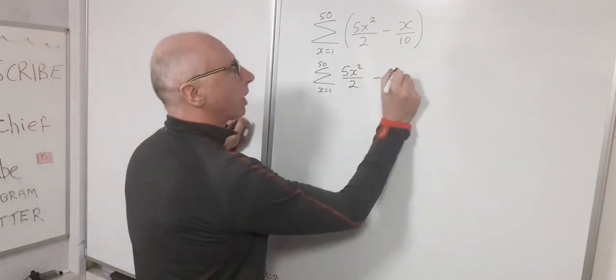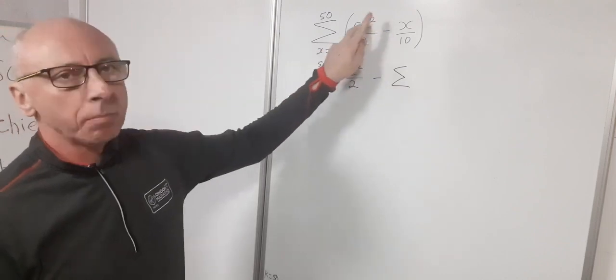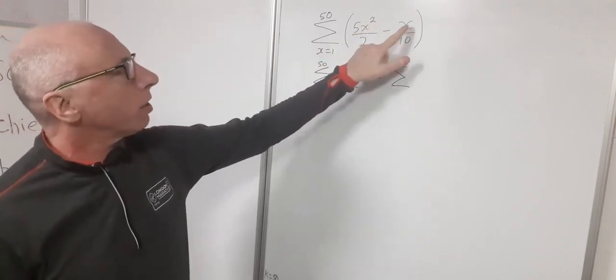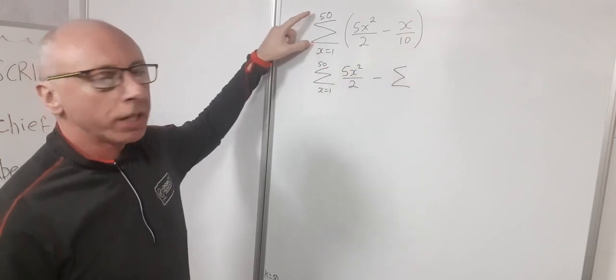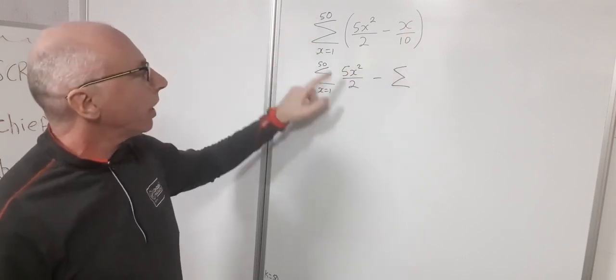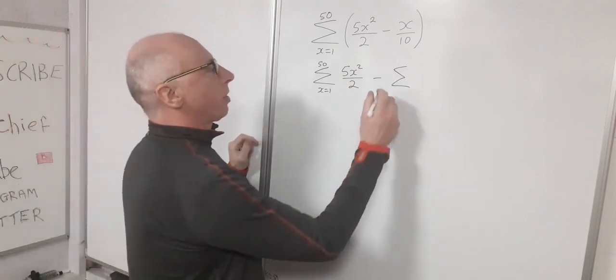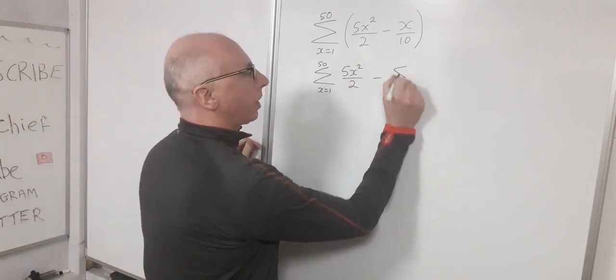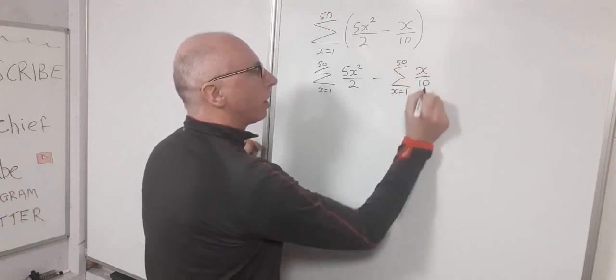Now what we've done here is split this up in terms of the two different powers. So I've got an x squared term here and an x term here. As x is the variable that we're trying to sum, x equals 1 to 50, I've split it into two different sums. So now x equals 1 to 50, same range, of x over 10.